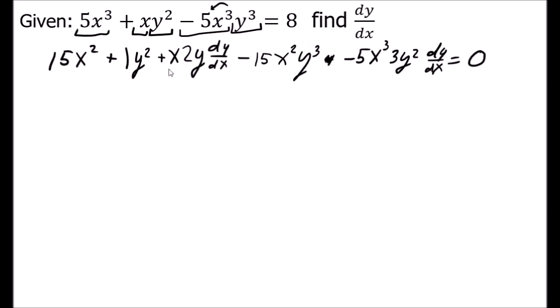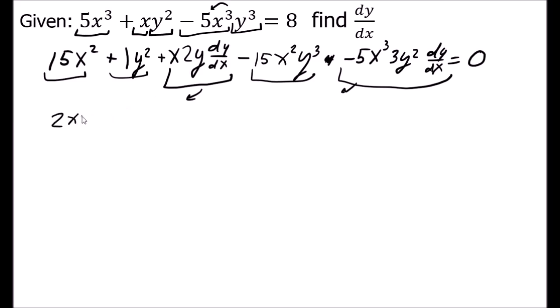All right, so this is a rather messy looking thing, but I know that all of my terms that have dy/dx need to go to one side of the equal sign, and everybody else goes to the other side. So maybe I'll move these to the other side, and I'll keep these two guys on the left of the equal sign. So I'm going to move this 2 in front, really. This is 2xy dy/dx. And this term, I'm going to multiply these constants together.